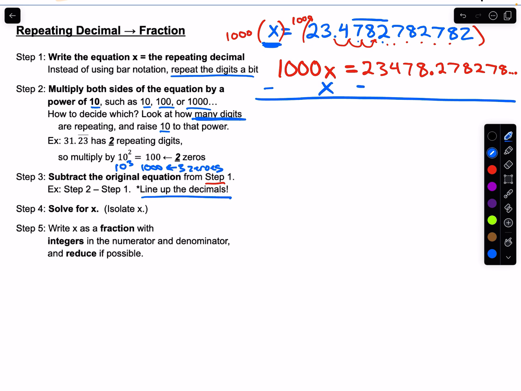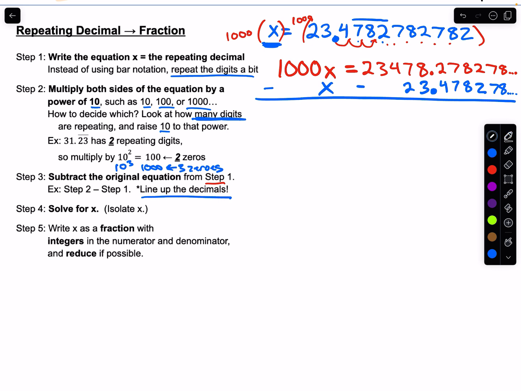I'm going to do minus, and my decimal originally was right here, so I'm going to make sure the 23 decimal, and that these are perfectly lined up here, they match. And then I'm going to have my 4, 7, 8, 2, 7, 8, 2, etc. Those are all going to really line up there. So that is the beginning of step 3.